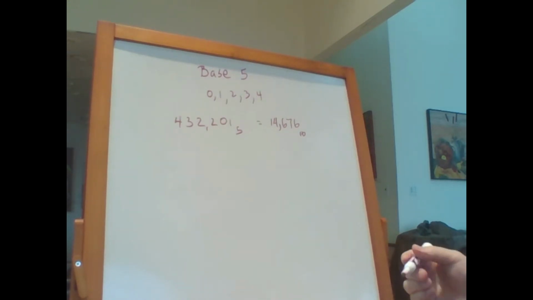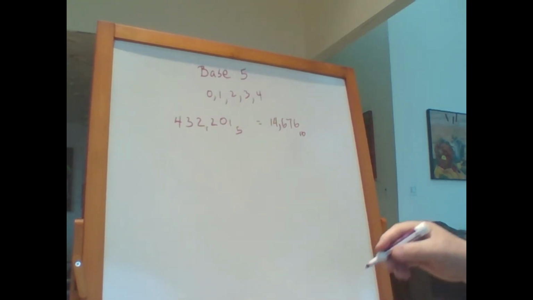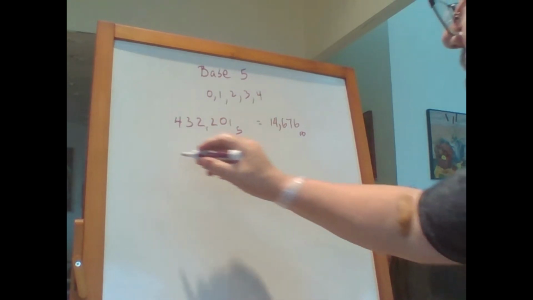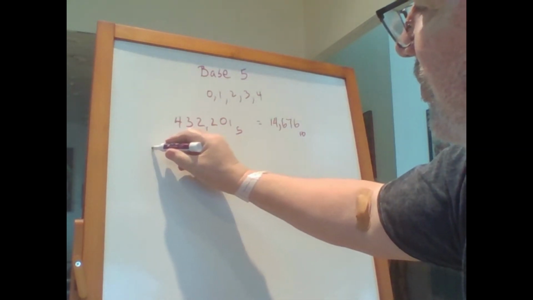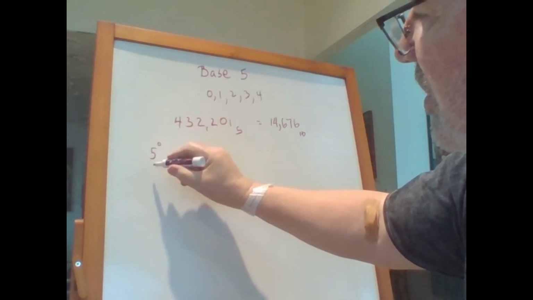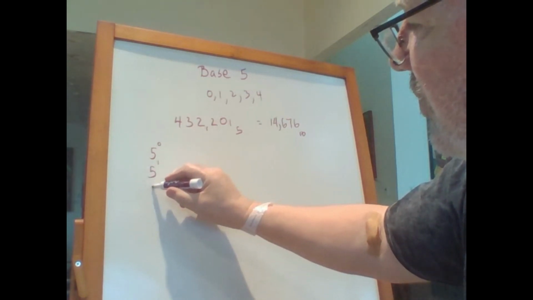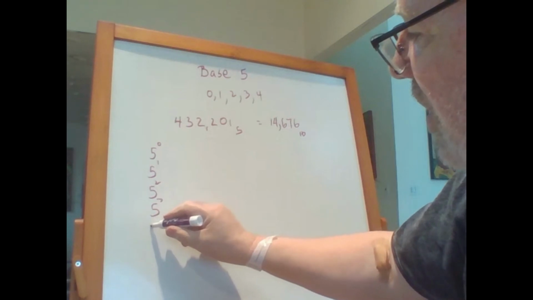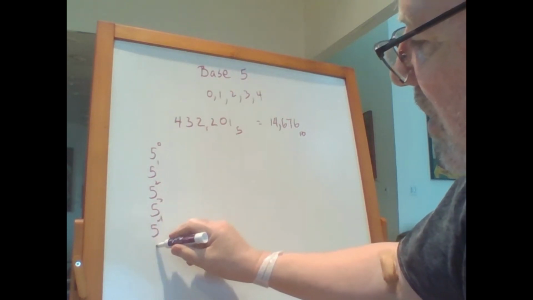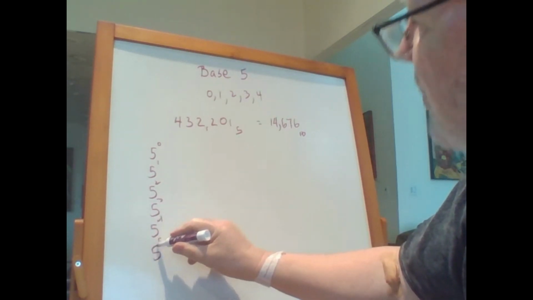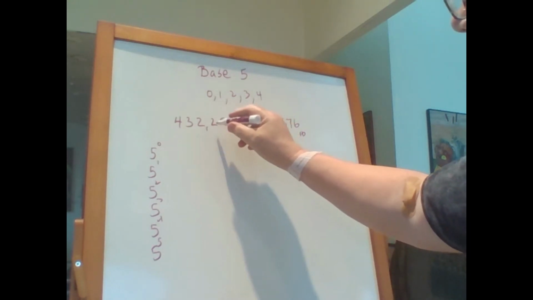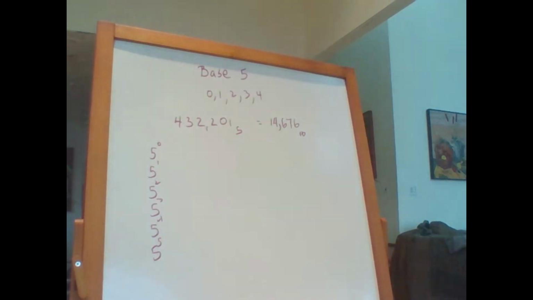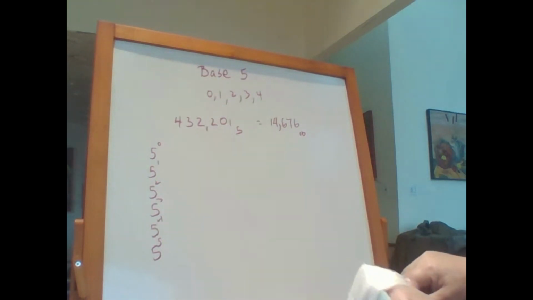Well, what we do is we do a lot of dividing. Again, we have 5 to the 0, 5 to the 1, 5 to the 2, 5 to the 3, 5 to the 4, 5 to the 5. Okay, we got the right ones.